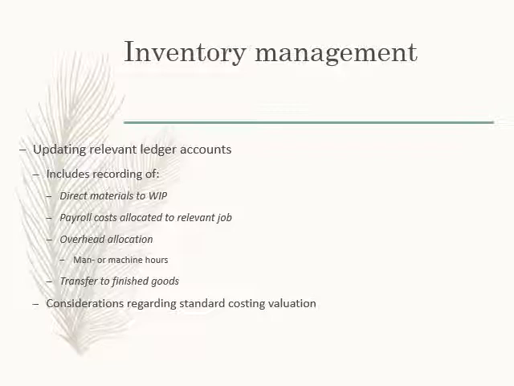This function is usually done within the accounting department, and it includes the recording of, first of all, direct material costs of the raw materials and any consumables to work in progress, any direct payroll cost based on the number of hours worked on a relevant job, and any overhead allocation for each job or production run.